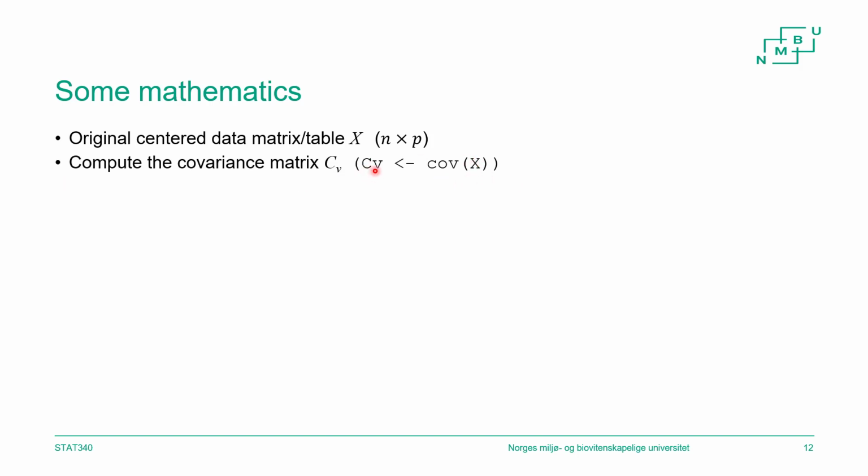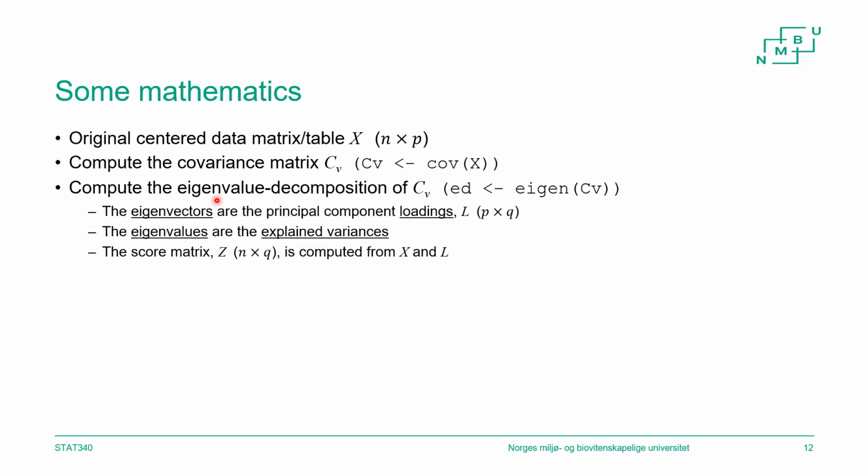This covariance matrix indicates how the different variables covary. So if the original data matrix has p columns, this becomes a p times p matrix, with p rows and p columns. And actually we computed a correlation matrix in the first week, and that's almost the same thing. So it tells us how different variables correlate or covary with each other.